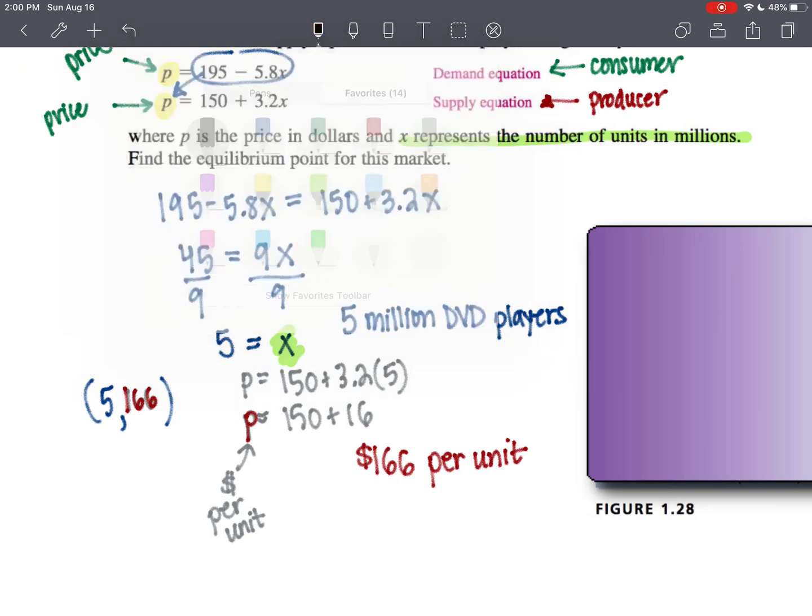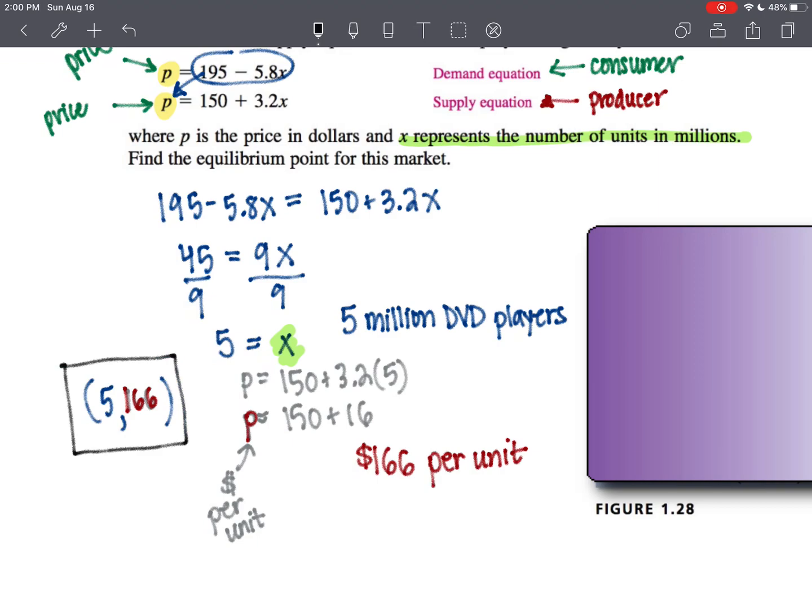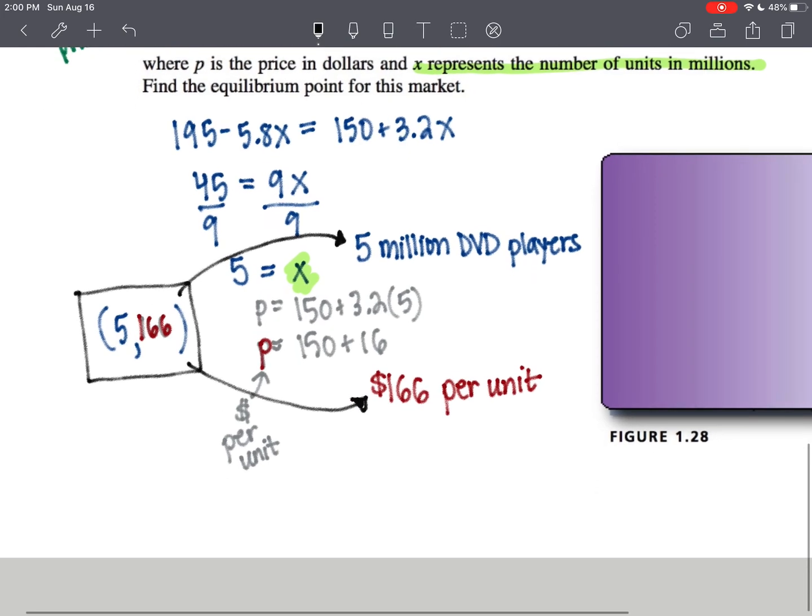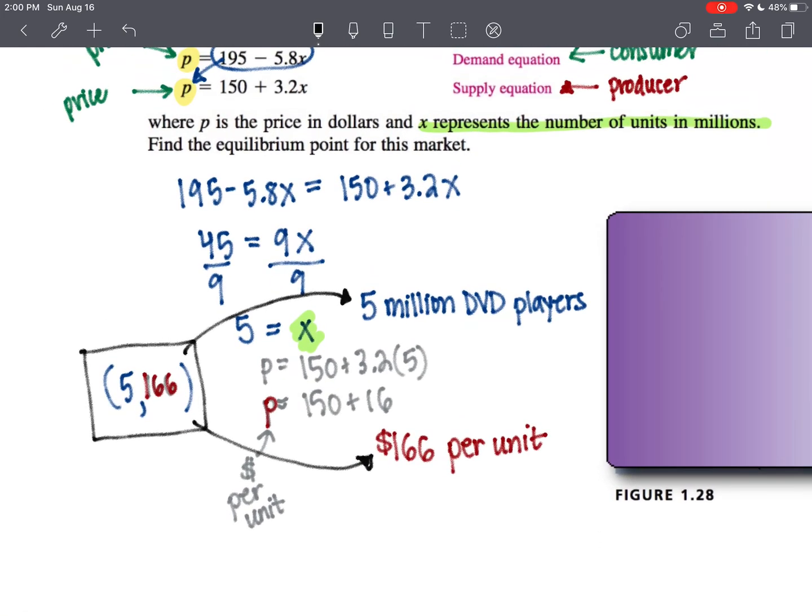So the equilibrium point is 5, 166, but you need to be able to explain that in terms of its real world meaning. 5 million DVD players is what the producer is going to have to produce, and they're going to have to price it at $166 per unit. That's to obtain the equilibrium point for the market of DVD players.